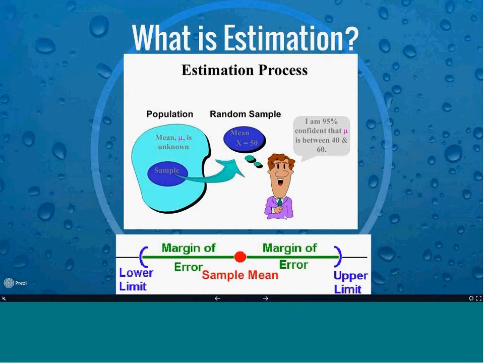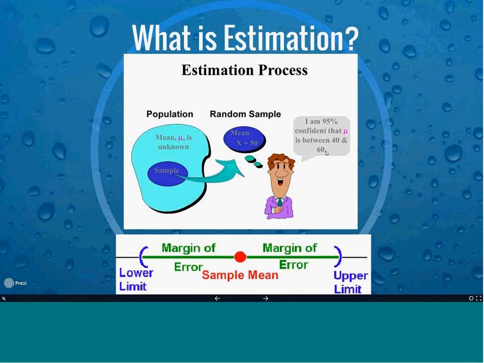So you're not going to say point estimation, you're going to go for interval estimation. Instead of saying X bar equals 50 as the mean, you're going to say that I'm 95% confident that the mean of the population will stand between 40 and 60. That will give you that room. 50 is in the middle.